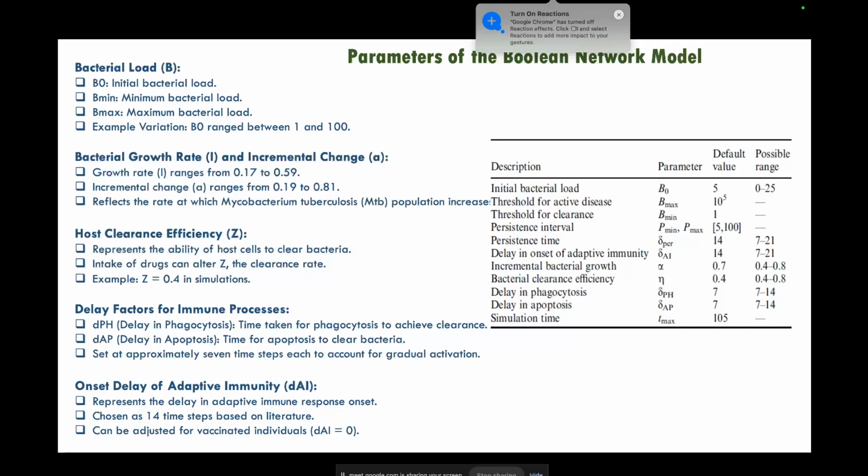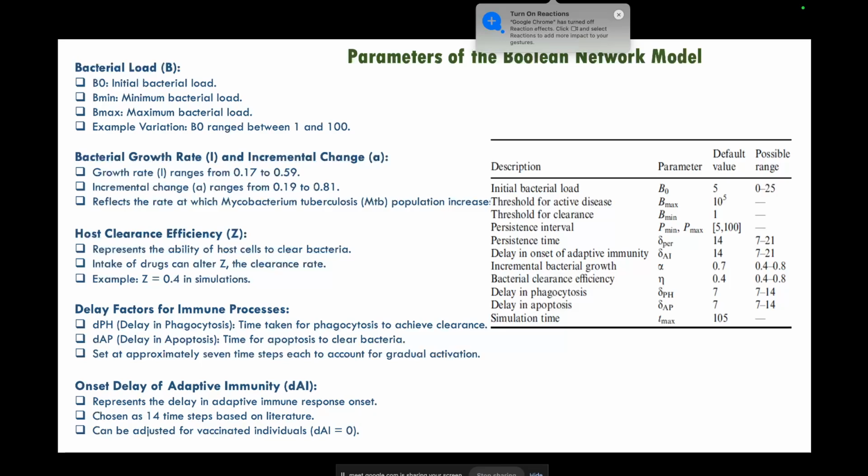Moving from innate immunity to adaptive immunity, innate is going to be very fast, just after the infection has started.